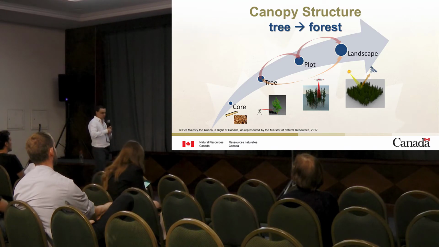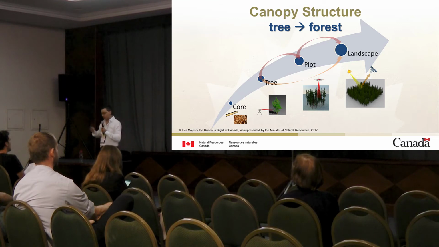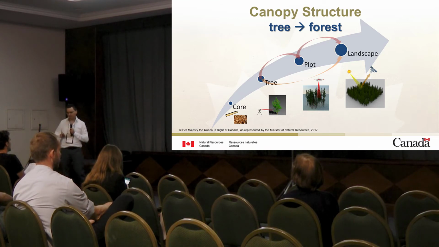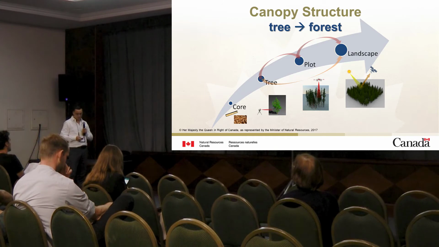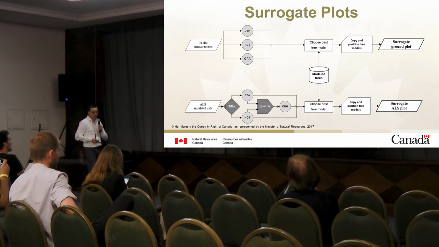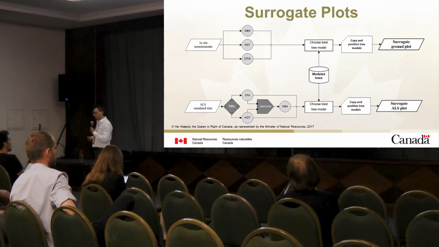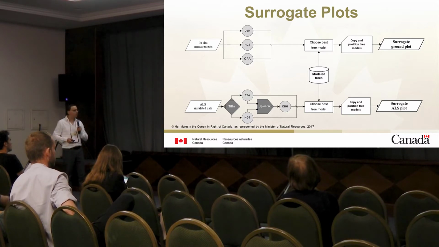It's good to go from the tree to the plot, but to get to the landscape level, we developed a strategy similar to the lookup table for tree scans. We rely mostly on a huge library of model trees. In our case, we have reconstructed more than 1,600 trees with L-Architect.